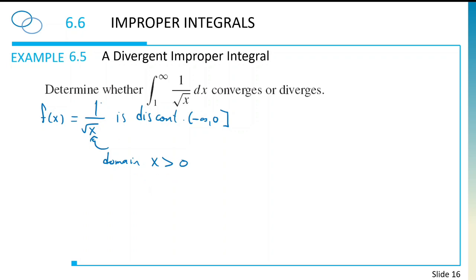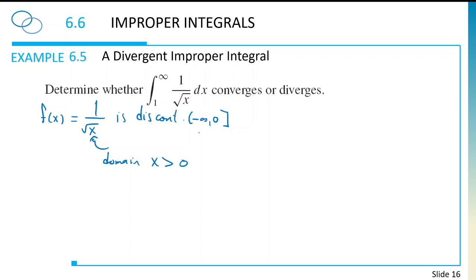If I have 0, then it will be 1 over 0, which is undefined. So it's discontinuous for anything less than or equal to 0. Now look at the interval, from 1 to infinity. Is this issue within this interval? No. But I still have an issue at where? Infinity.